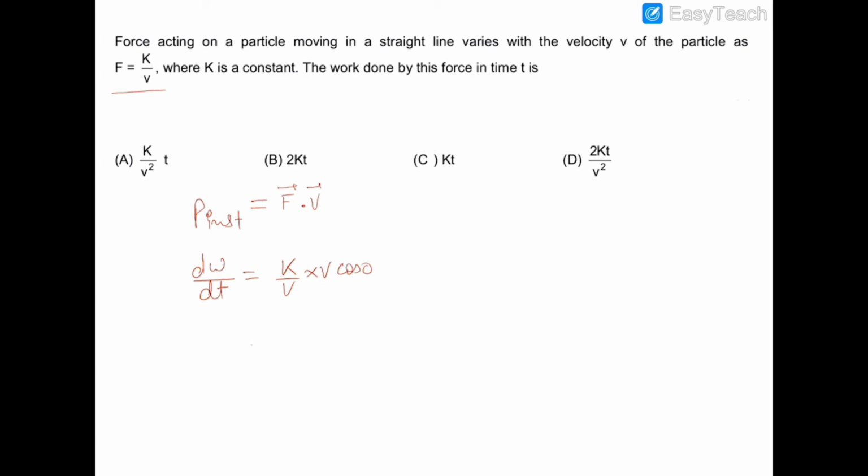So dW will be equal to K dt. Now integrating this, the work done is 0 to W, in time t is 0 to t. So the work done will be K into t. So the correct option will be option number C.